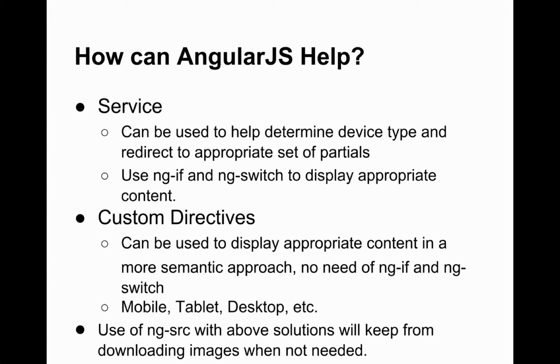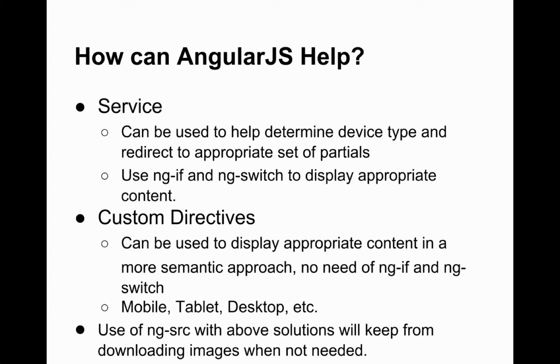So we can actually use Angular to help us solve these two problems. One is if we go down the CSS media query route, then we can use AngularJS to hide that data so it never gets pulled down on your smaller devices. Or we can use a service for the redirection, and we can redirect them automatically from the client.